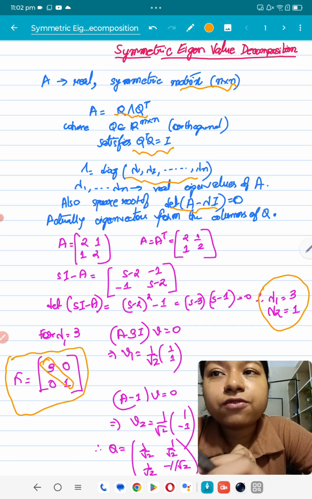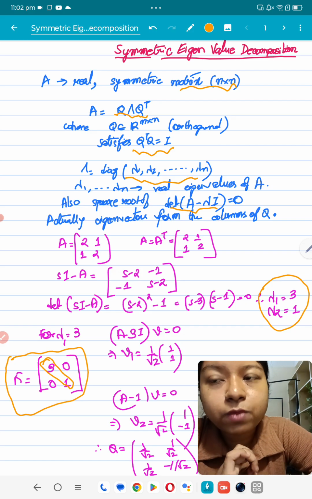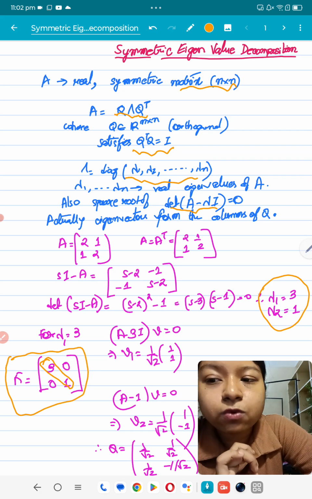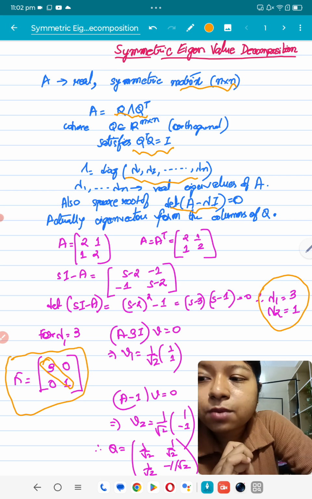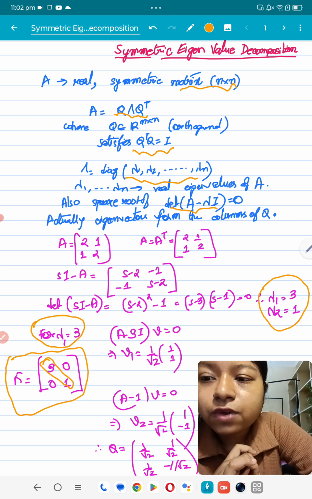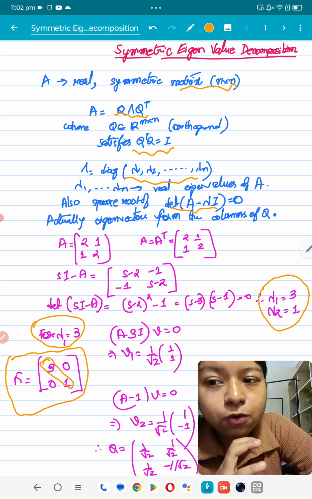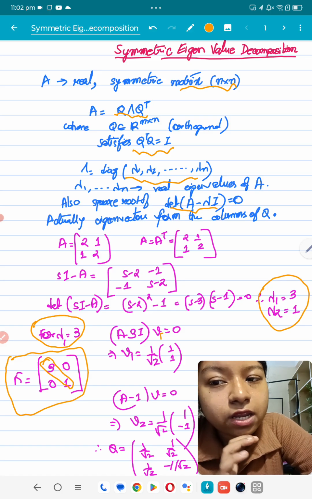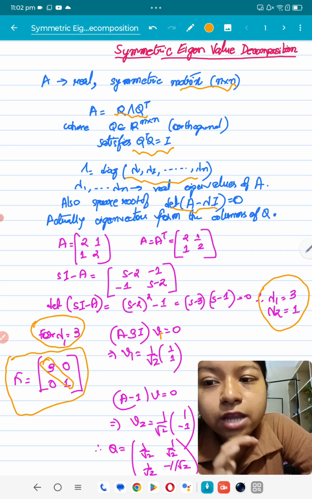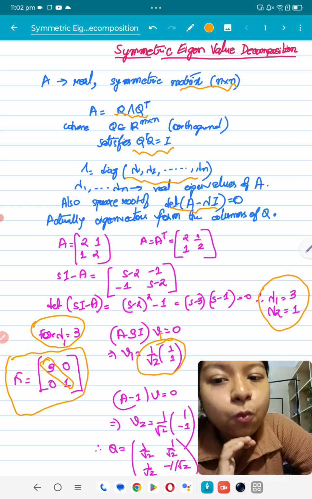Now we can also calculate our Q matrix by first finding the corresponding eigenvector for each eigenvalue, 3 and 1. For eigenvalue lambda 1 equal to 3, we calculate the eigenvector v1 from (A minus 3I) v1 equal to 0. Then we get the normalized eigenvector as 1 by root 2 times [1 1].